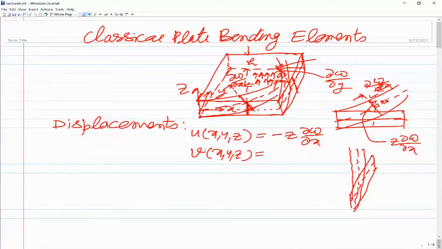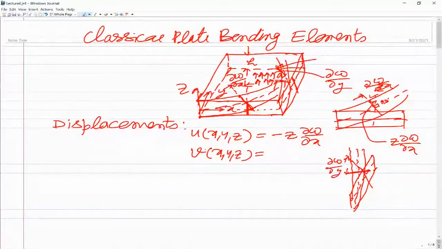The normal to the middle surface is this, and this angle is del w by del y.